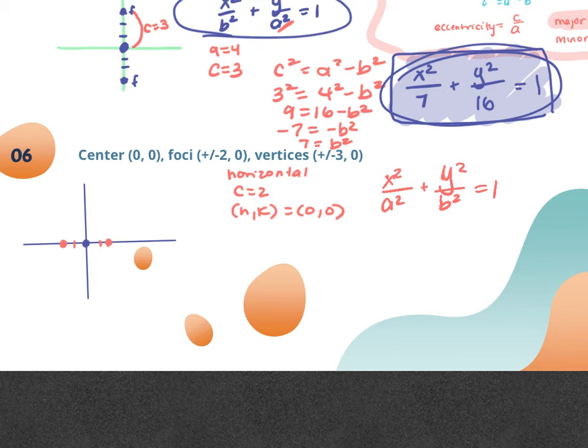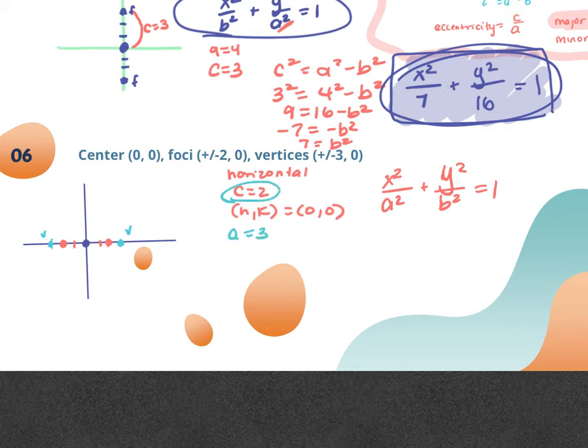Last piece of information is the vertices are plus and minus 3, 0. So I go to the right 3, I go to the left 3. Those are my vertices. What does that tell you? The A is 3.